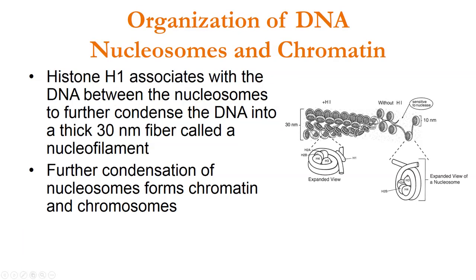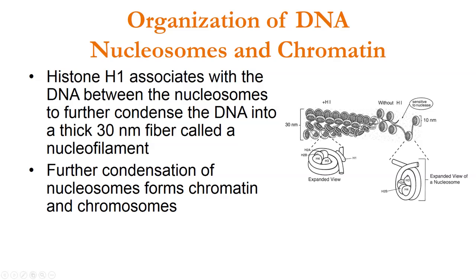The last histone specifically that you guys would need to know is histone H1, and that's going to bind in between these nucleosomes. When that binds in there, it causes the DNA to form this structure right here, which is the 30 nanometer filament. That's the next level of higher order structure.